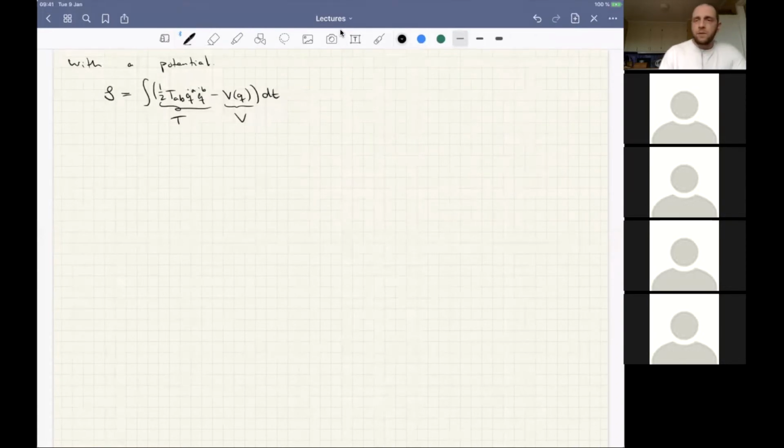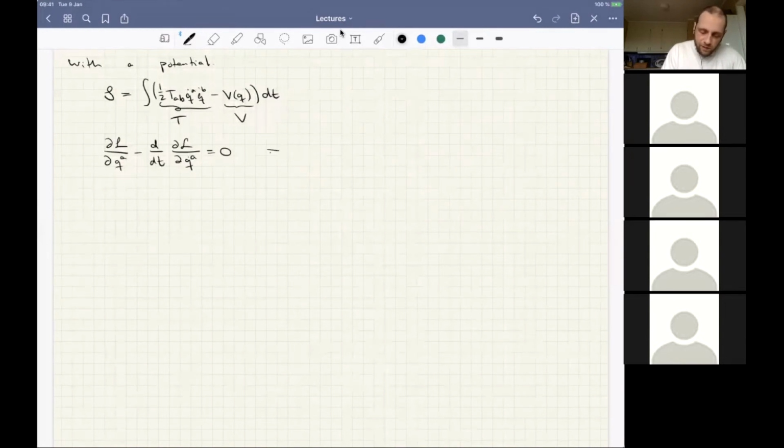So if I write down the Euler-Lagrange equations for this, what I'm going to end up with is in essence the following. dL/dq^A minus d/dt dL/dq dot A equal to 0.